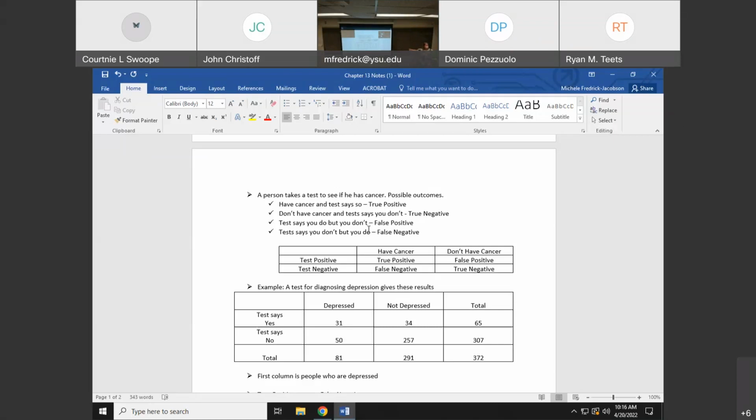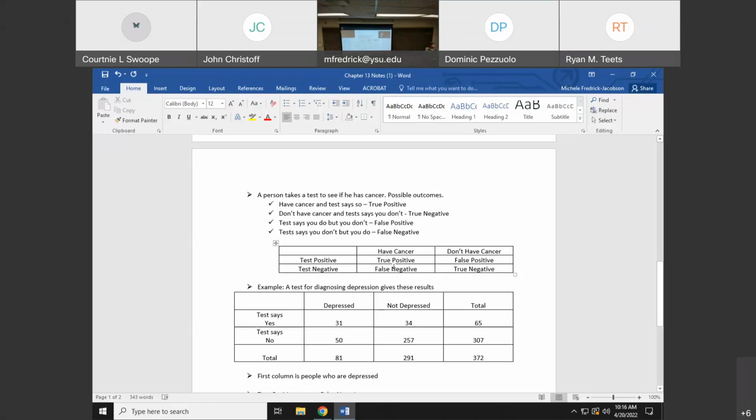So they take a second test because they've done so many studies that they know it could be wrong. And that's kind of like this. On these ones where the test said negative and it was wrong, or positive, they didn't know it was wrong until they did more tests. Any questions though on what they mean?